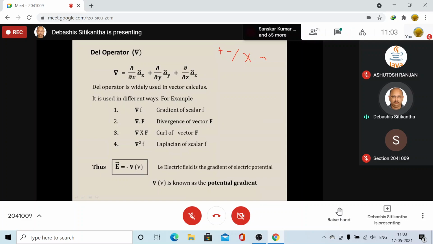Then we have the square root, cube root. All these are nothing but operators. That means when these operators are operated on some operand. Sir, I think we have done del operator.